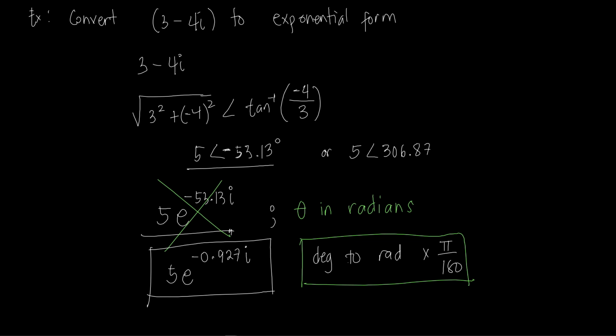For example, ang gihatag is 7.2 e raised to the power of 1.5i. Convert into rectangular.